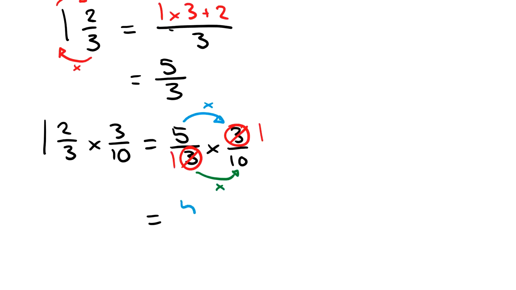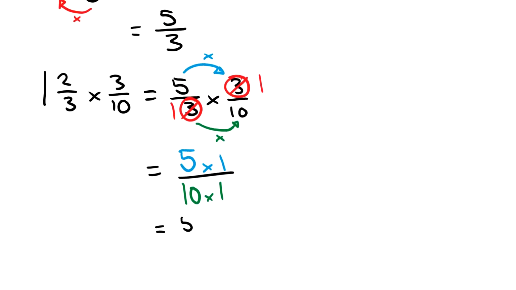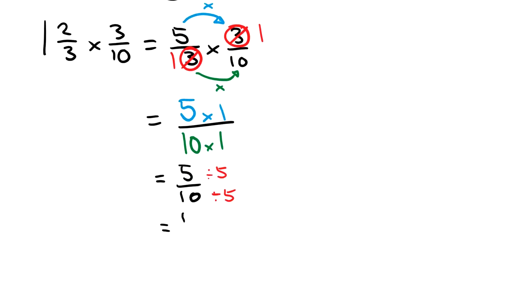So what we get on top is 5 times 1 over, on the bottom, 1 times 10. Let me redo that. So we end up with 5/10. And if you notice there, if we divide both numbers by 5, because 5 goes into 5 and 5 also goes into 10, we end up with a half.